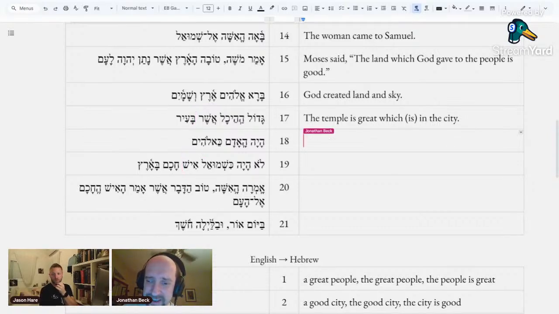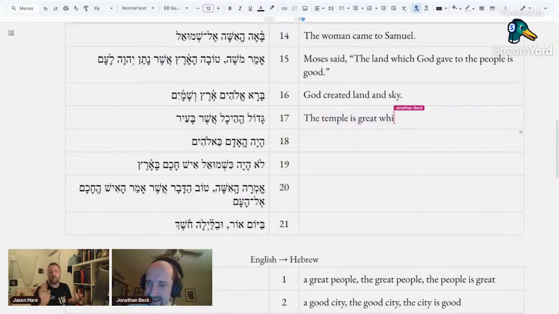All right. But what about the word order in English? Because if you said that to somebody, they wouldn't know what you meant. What great is in the city? The great isn't in the city. The temple's in the city. So you need to move the relative clause to be beside temple. The temple, which is in the city, is great. Well, to be consistent, if you put one "is" in parentheses, you have to put the other "is" in parentheses. I know.